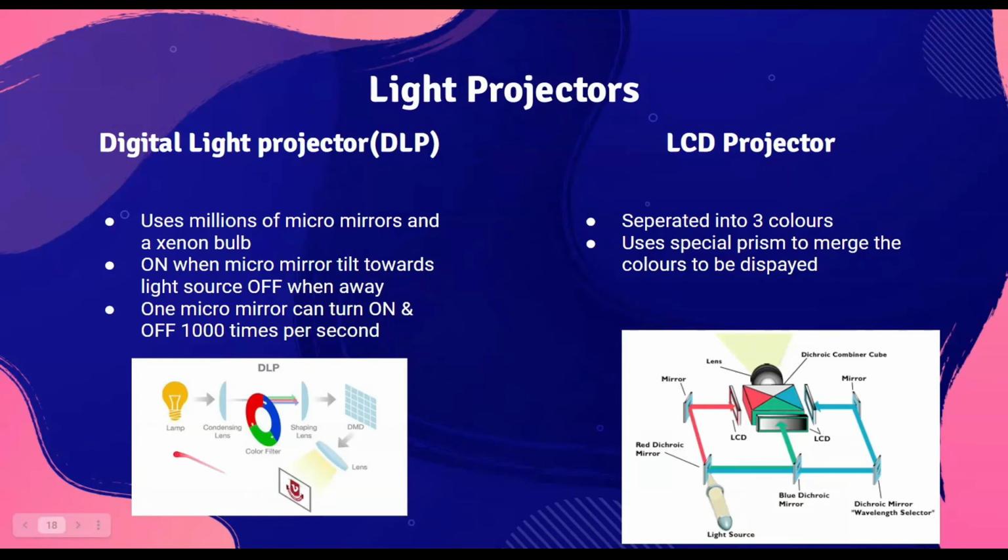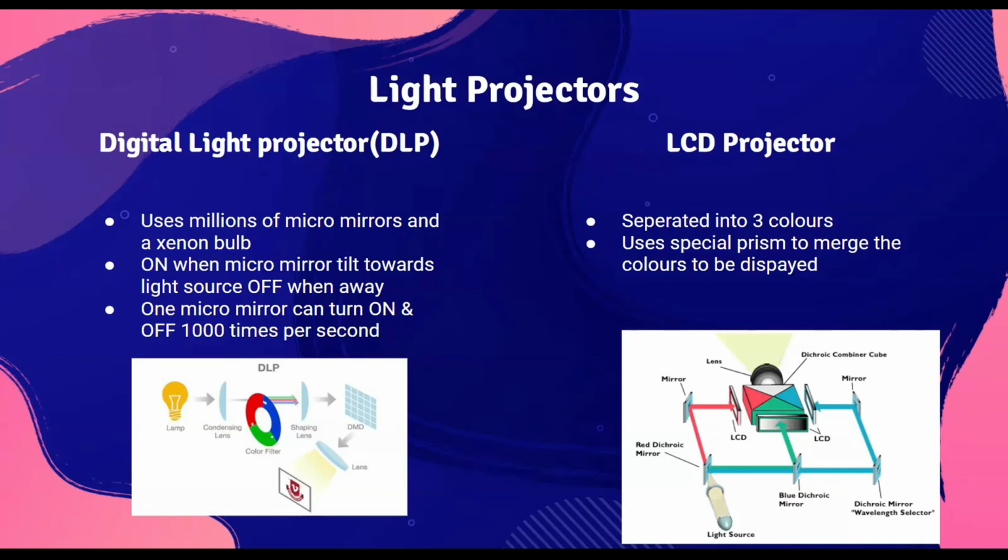Looking at the components in the DLP, there is a lamp, then a condensing lens to focus the light, a color filter, a shaping lens, millions of micro mirrors, and then again a lens. The purpose of the color filter is to allow a particular color through.